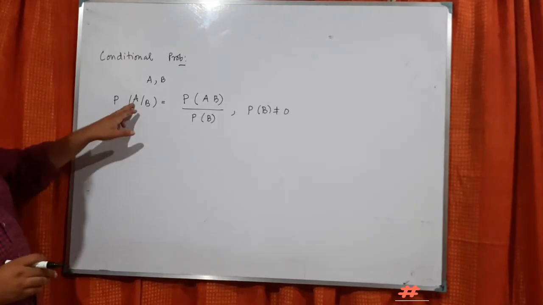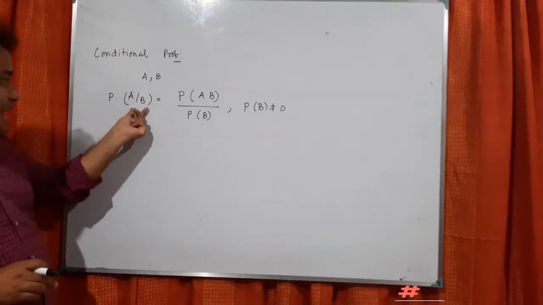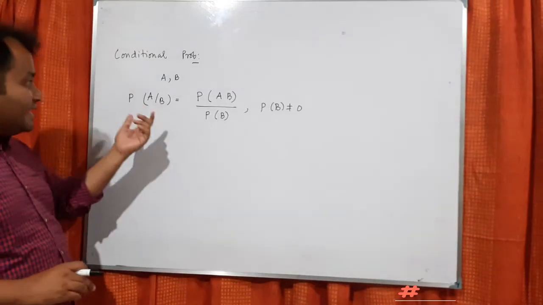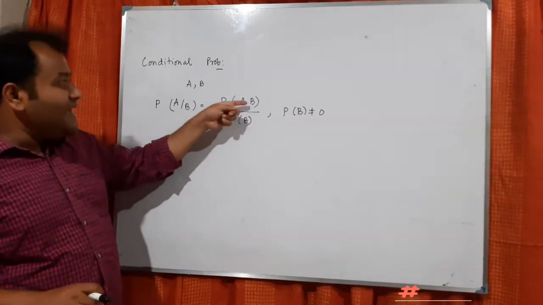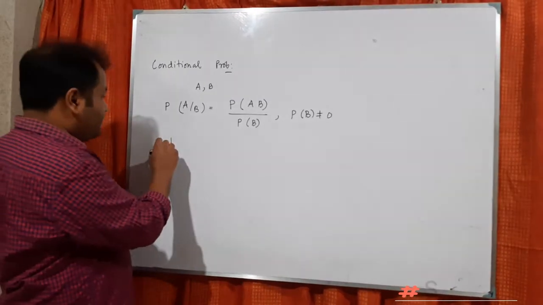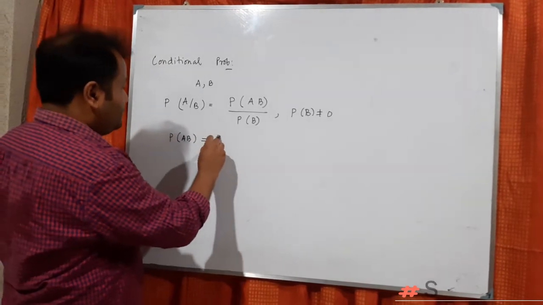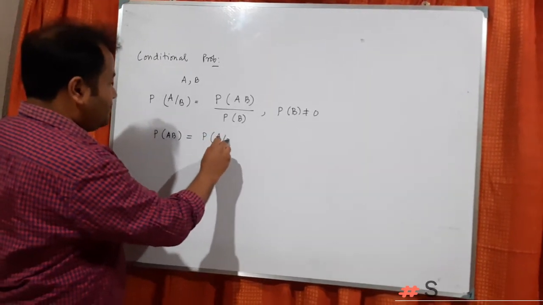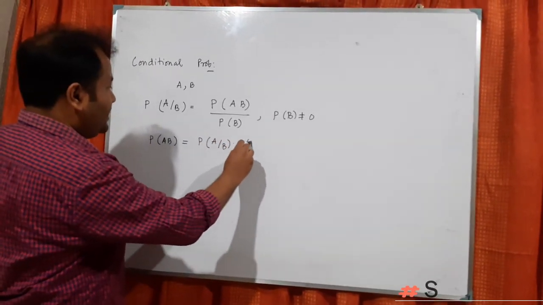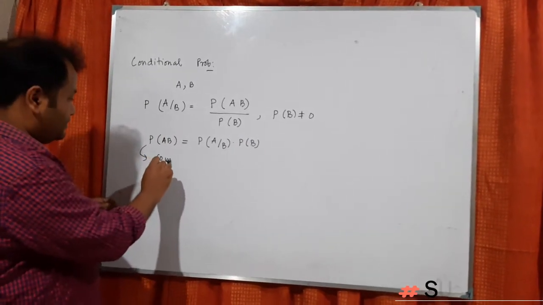That is P of A by B, that is A condition B, that is B is happening in the background, equals P of A intersection B, or AB, divided by P of B. So that means P of AB I can write as P of A by B into P of B, and this is called compound probability.